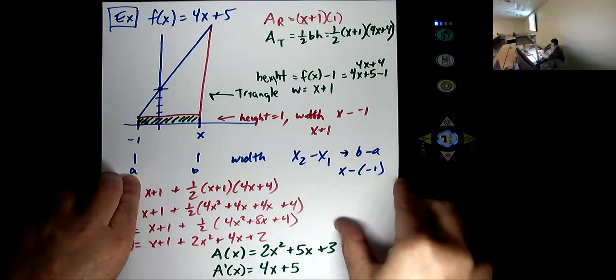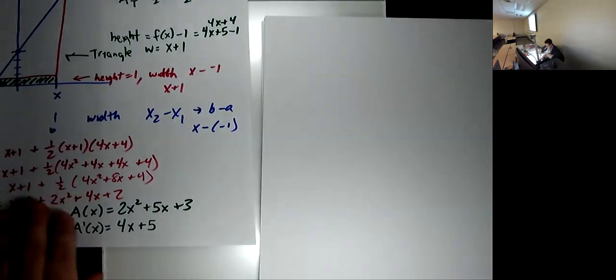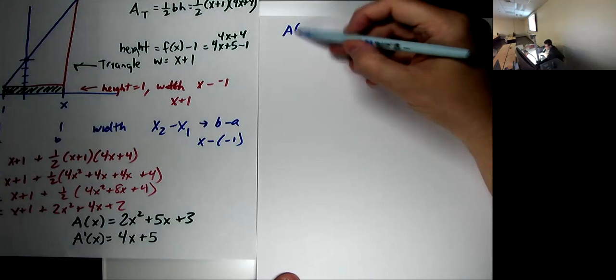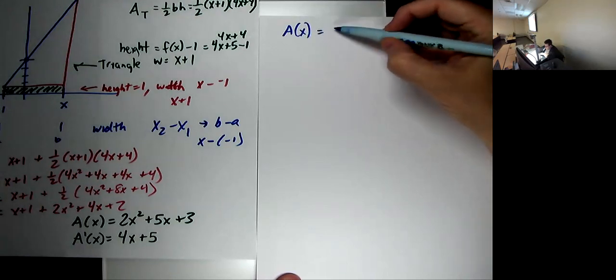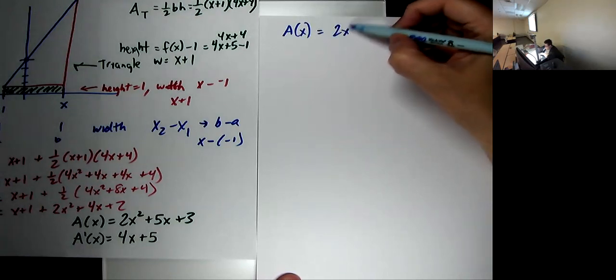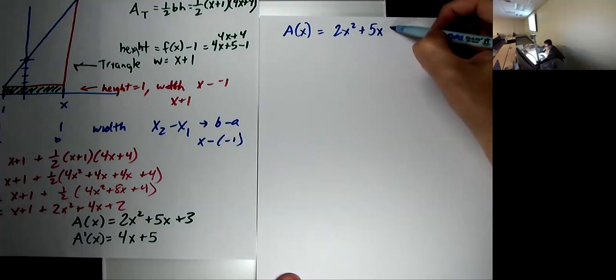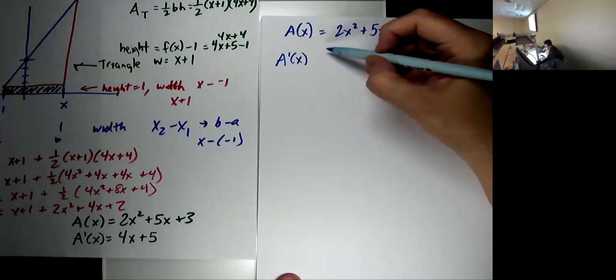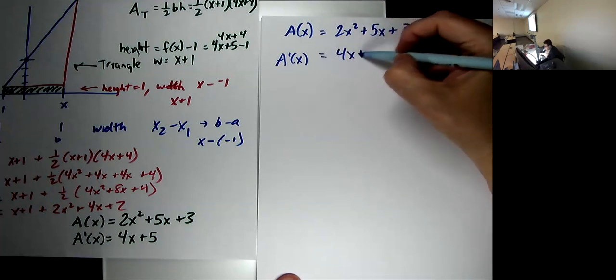All right, so let's think about what we're doing here. We've got A of x equals 2x squared plus 5x plus 3, and we've got A prime of x is 4x plus 5, which is our f of x.